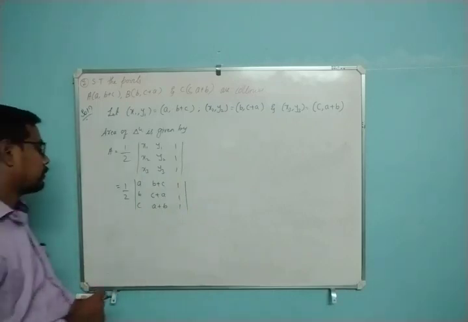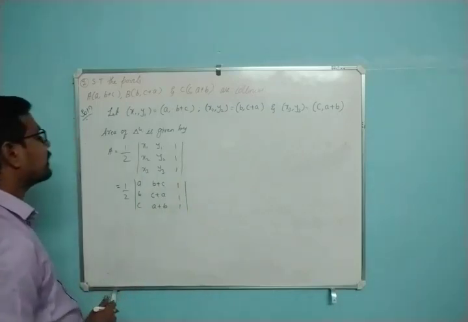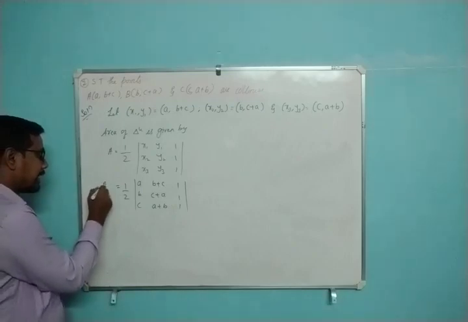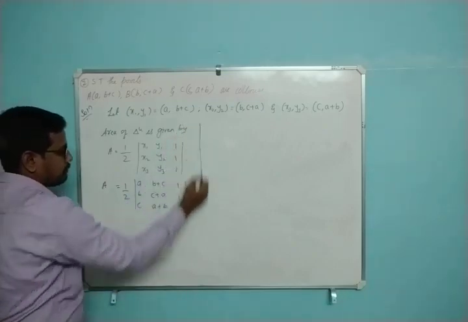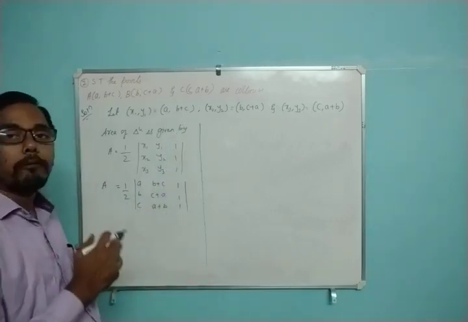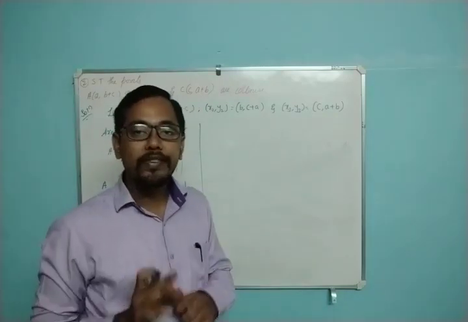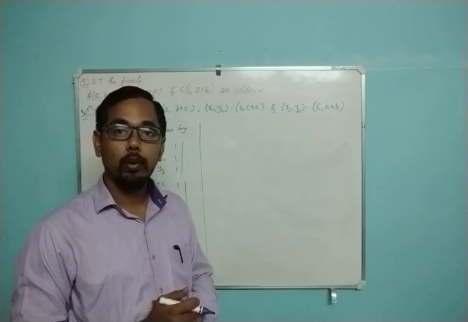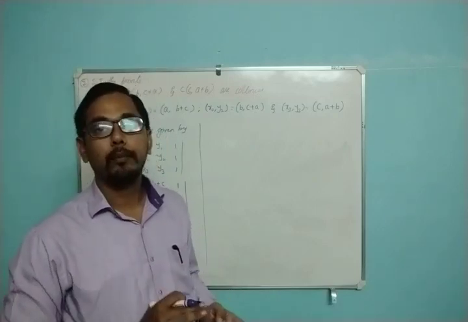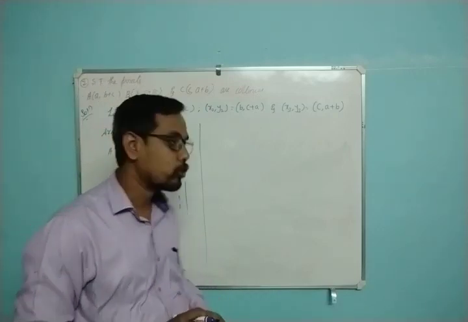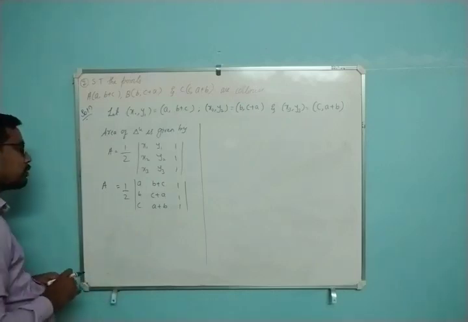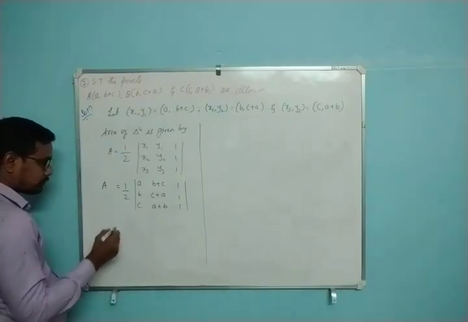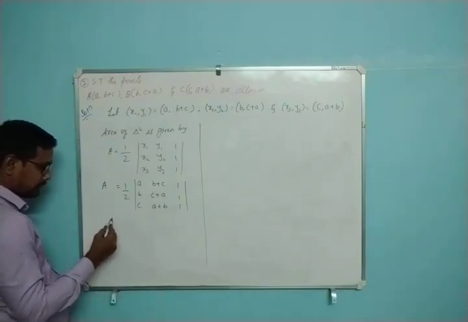Okay, so this is how it will be. So now this is the area. If I want to prove that the points A, B and C are collinear, then what should I do? I should make the area containing the points A, B, C equal to 0. I should make the value of this determinant equal to 0.